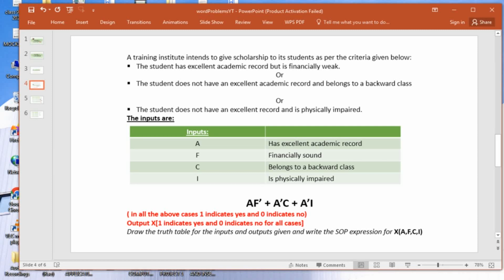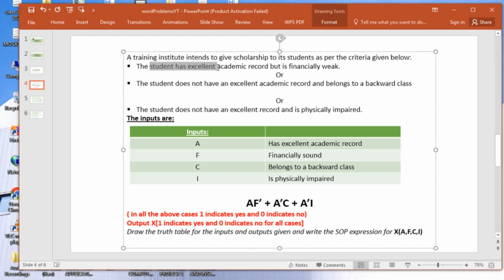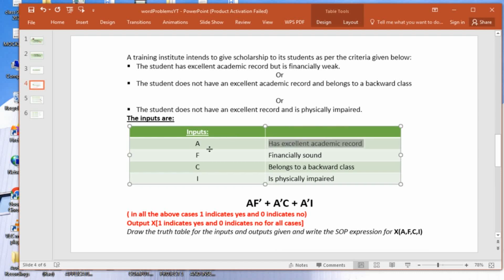Now from this you have to understand, this is very important. The student has excellent academic record, and this is represented by A. So when you say A, it means has excellent academic record, and A bar, that is A naught, means does not have an excellent academic record.